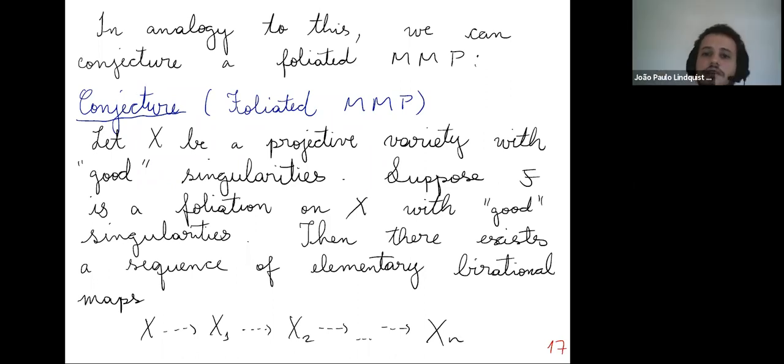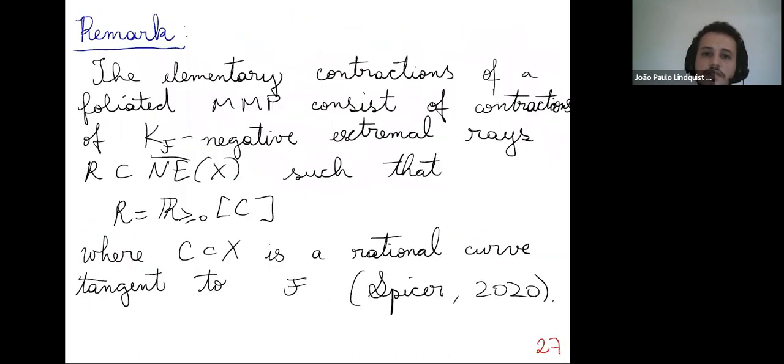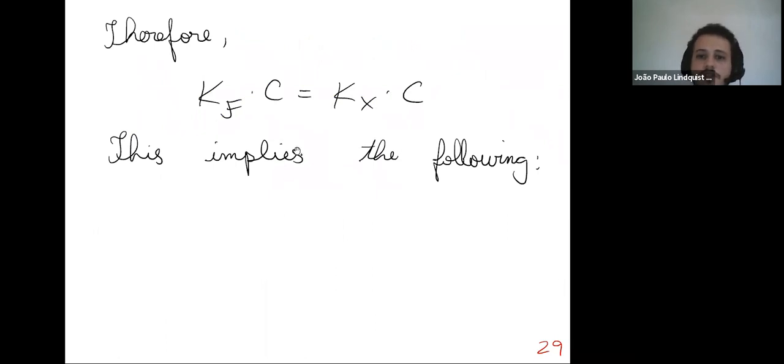Yes. It depends if we only contract curves which are tangent to the foliation. Because if we do that, then the same thing happens. We only need this to happen: steps of the K_F-MMP are steps of the K_X-MMP.